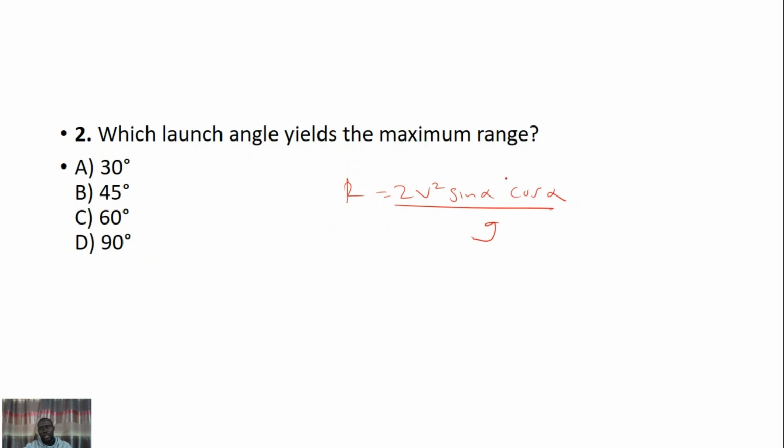For this to be maximum, since we know this one is constant and this one is constant, the only thing that varies is sine alpha cos alpha. Any angle whose sine and cosine, when you multiply them together, give you the maximum value is what will give the longest range. And if you check that, it's 45.